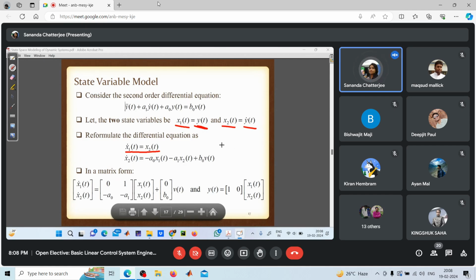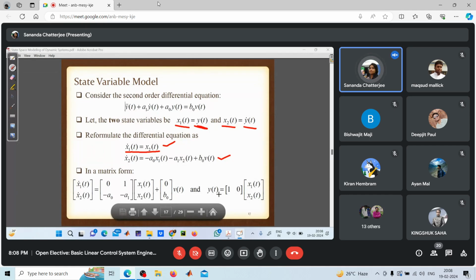You see here, x1 dot is equal to 0 x1 plus 1 into x2. That is x1 dot is equal to x2, this is the representation of this equation. And the second one is the representation of the second equation.